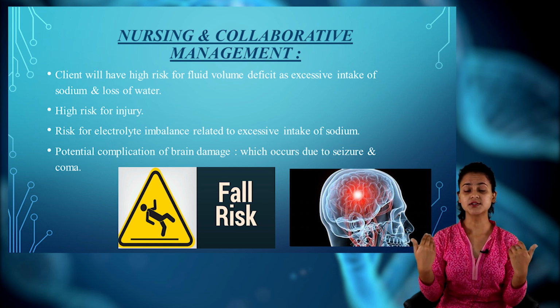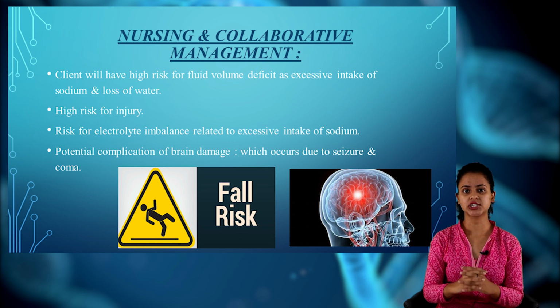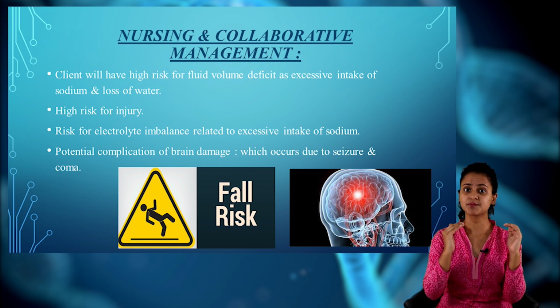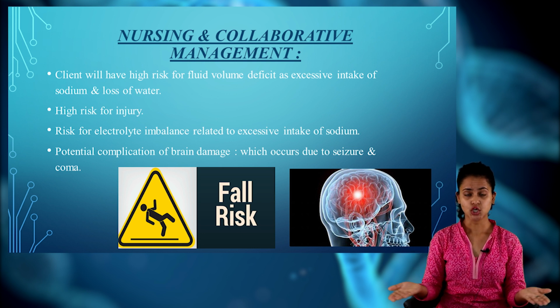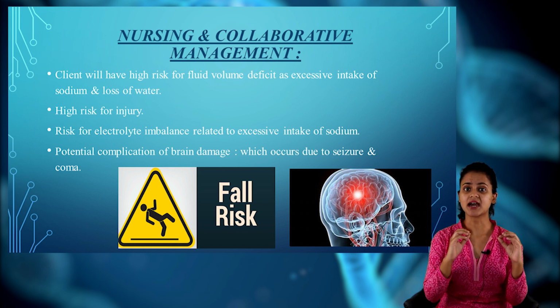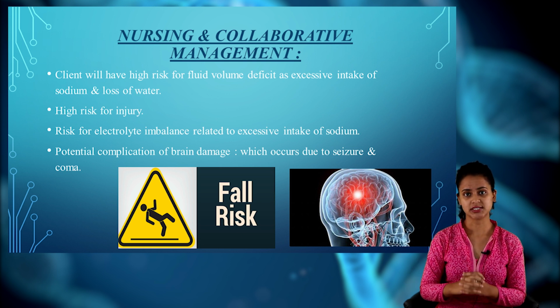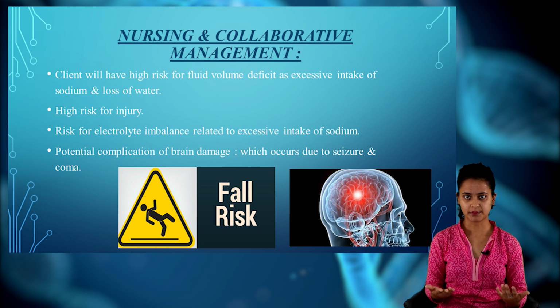It is also a nurse's role to find any alteration in the signs and symptoms indicating that the client has a complication. Managing the client with hypernatremia at the earliest will definitely reduce the chances of complication development.